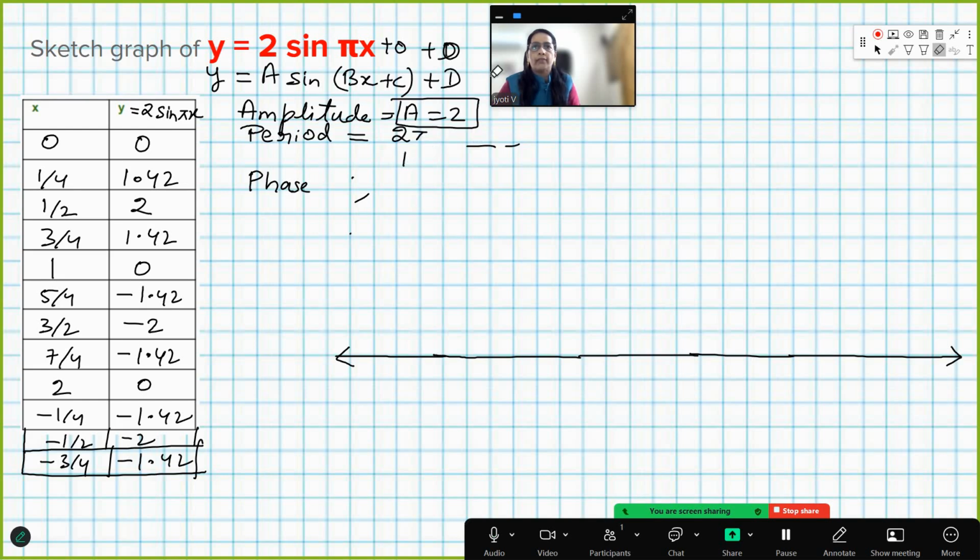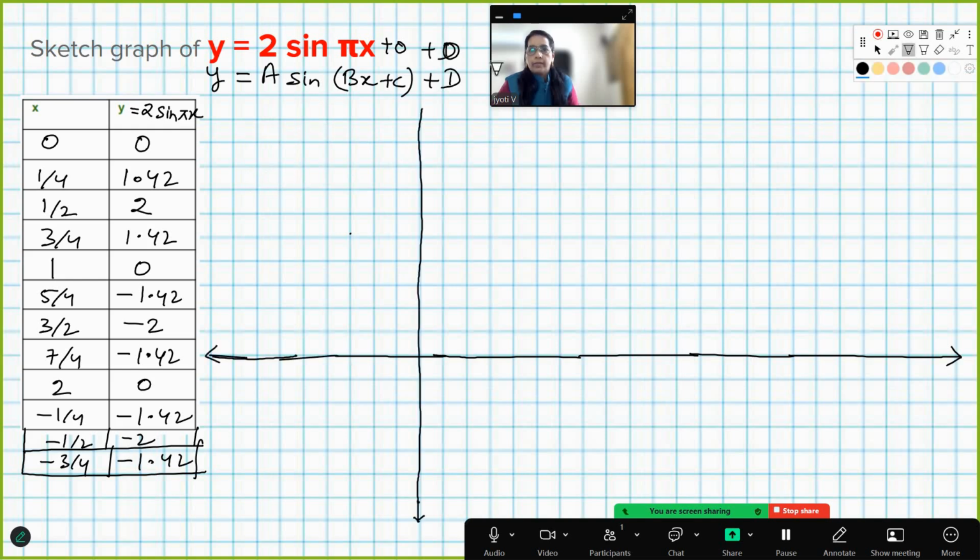I'll take some scale factor so that the graph appears. So that is the vertical line, y-axis information, point of intersection is this. Every 2 units on the horizontal line, I'll take a coordinate.